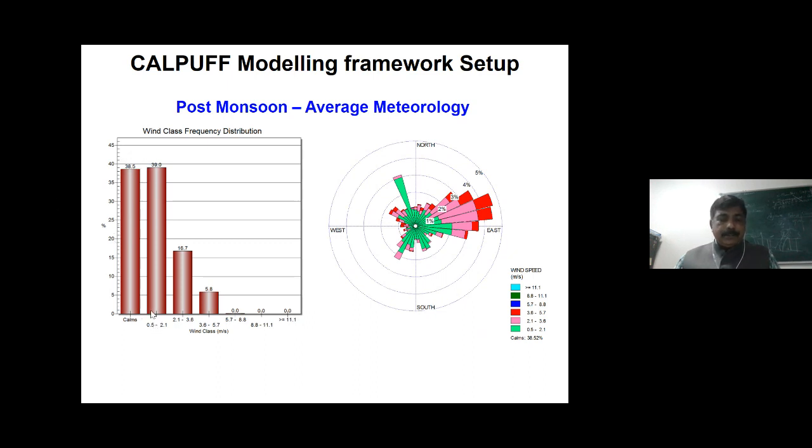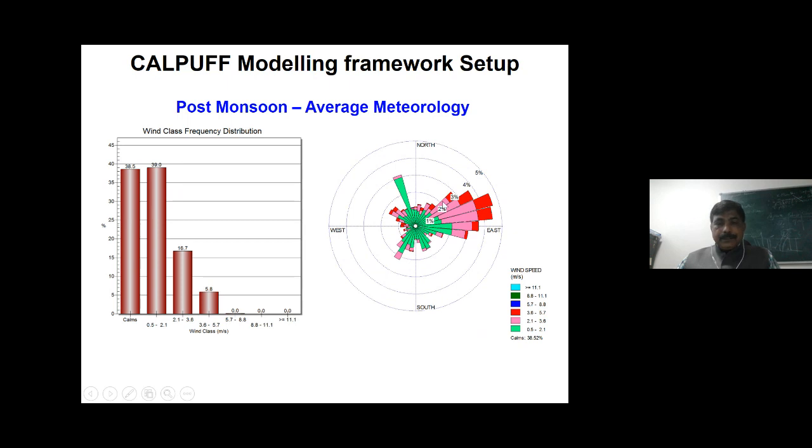Then 0.5 to 2.1 meters per second is 39%, the time the wind is at this speed. So the box on the left shows the wind speed distribution, and this circular Windrose diagram shows the wind direction distribution as well as speed. Now imagine that the power plant is at the center of this. It will push the pollutants in the west, southwest direction.